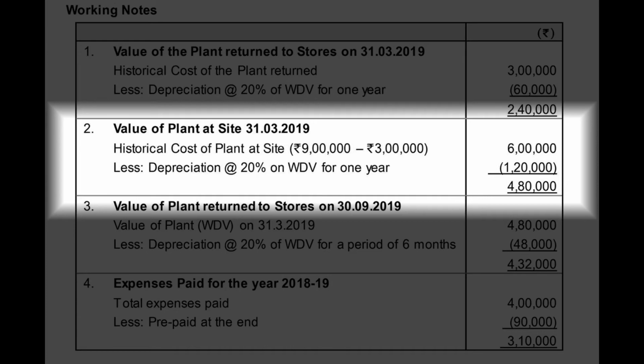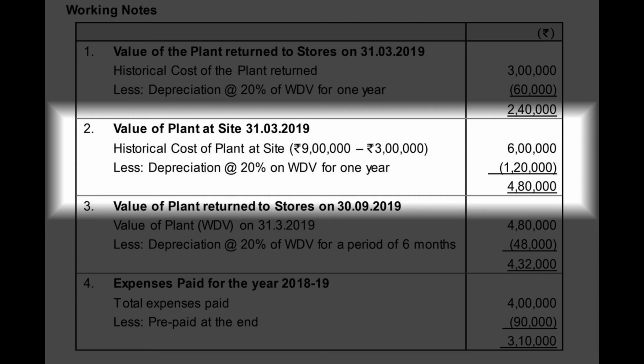The historical cost of total plant is 9 lakh. Out of 9 lakh, 3 lakh value of plant was returned to stores already. So split the plant into two parts. 3 lakhs is one part and 6 lakh is another part. So the 3 lakh part is already considered, depreciation provided and taken to credit side of contract account. The remaining 6 lakh is available with us.